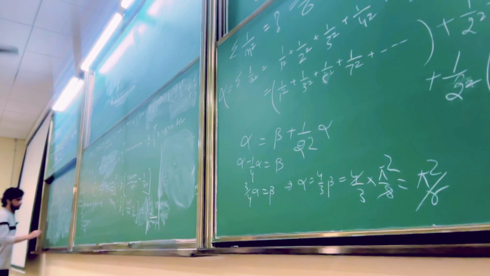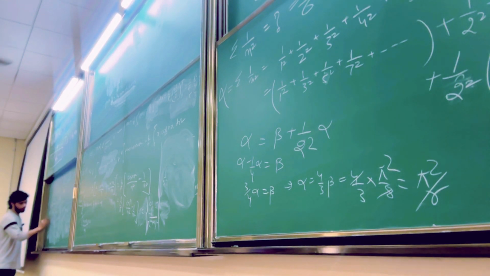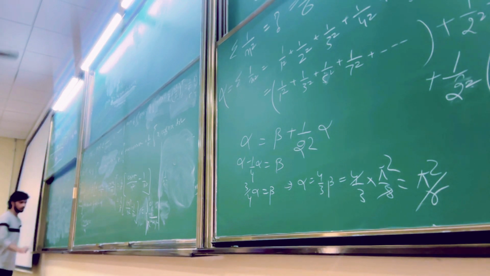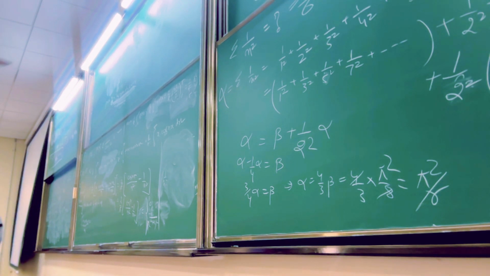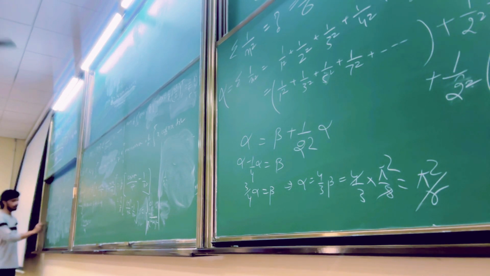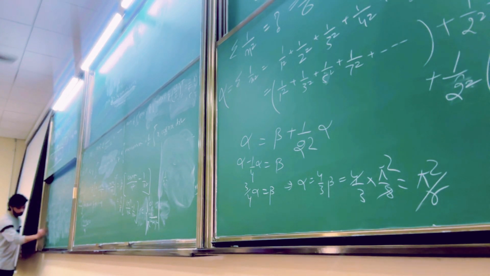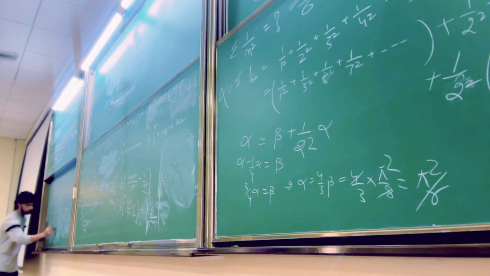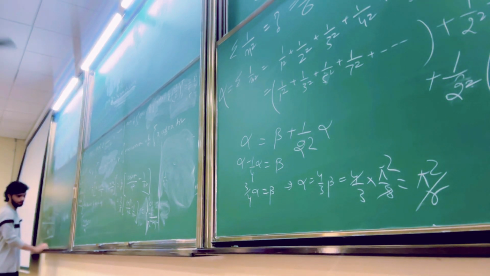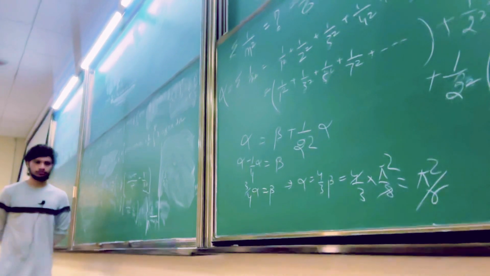So we just put x equal to pi by 2. Pi by 2 is equal to summation 2 upon n, minus 1 raised to power n plus 1, sine n pi by 2.